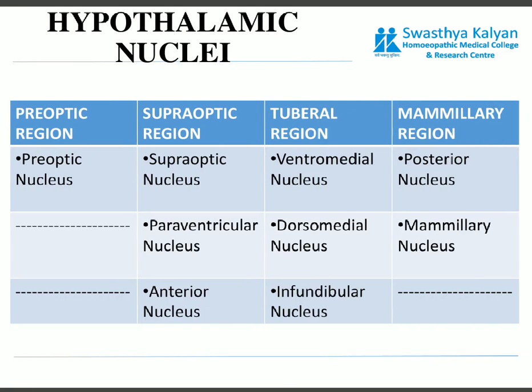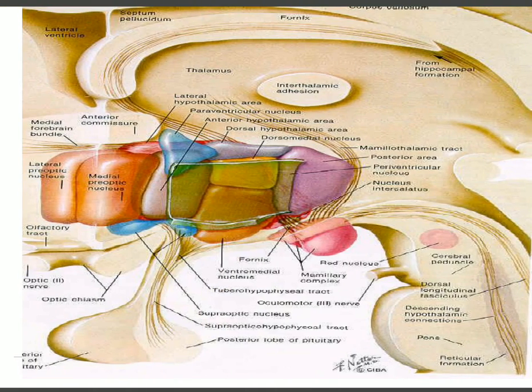Next is the tuberal region. The tuberal region consists of the ventromedial nucleus, the dorsomedial nucleus, and the infundibular nucleus. And in the mammillary region, there is the posterior nucleus and the mammillary nucleus. Some of them can be seen here: this is the ventromedial nucleus, and this is the dorsomedial nucleus.